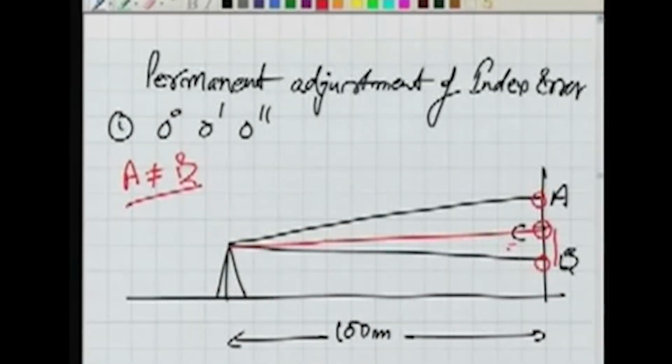So I use the tangent screw and rotate the line of sight so that this line of sight reaches C. So now the cross wire is bisecting the point C. Well, at this stage the line of sight is horizontal, or we can say the telescope is horizontal.